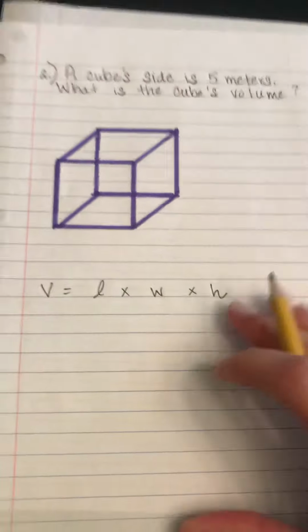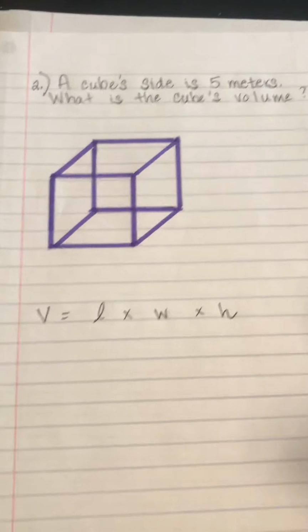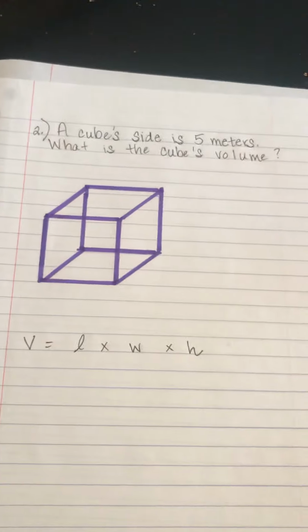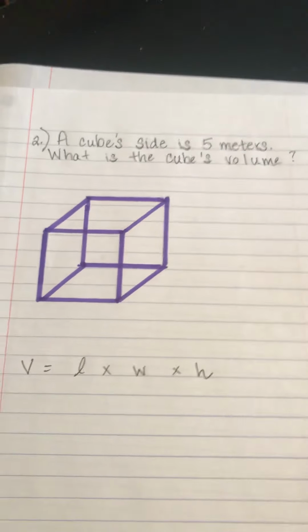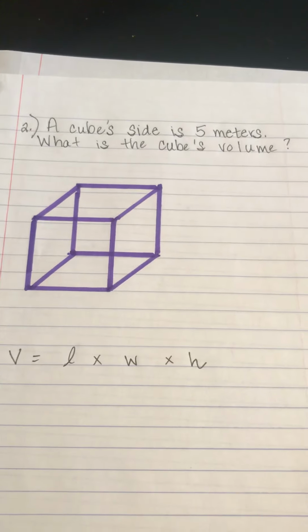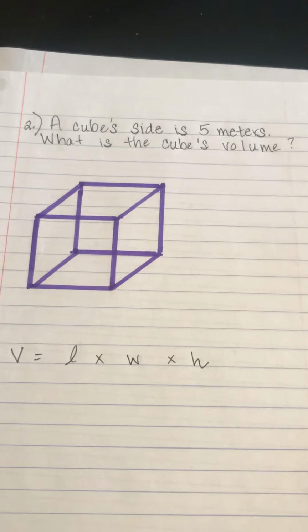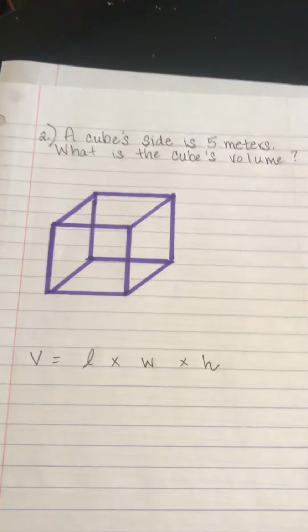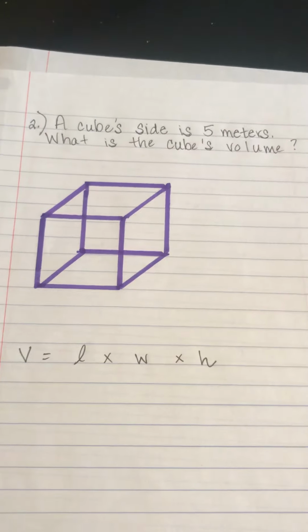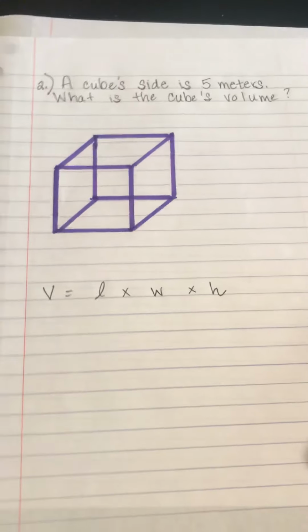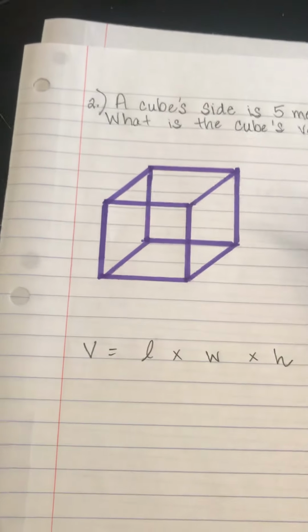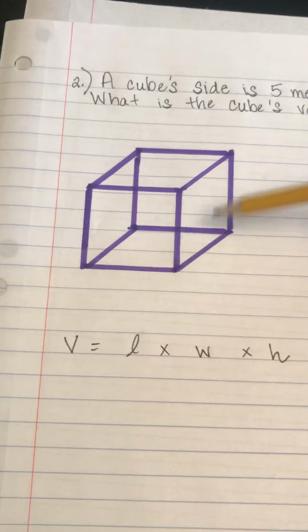All right, let's take a look at our next problem. I wanted to do a cube here because they seem really tricky, but they're actually a little bit easier. It says, a cube's side is 5 meters. What is the cube's volume? You're thinking to yourself, they only told us one side. I need 3. Well, let's use our brains for a minute. A cube is made up of faces that are all what shape?